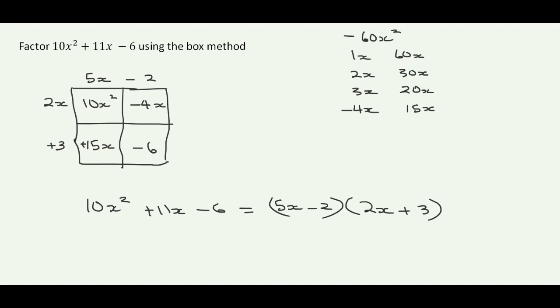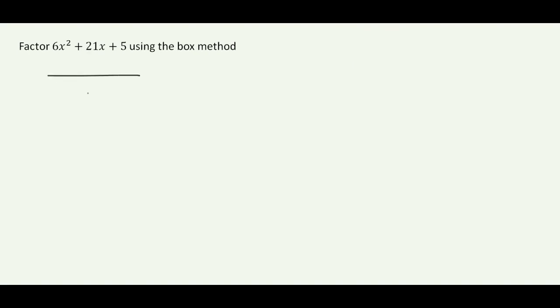And then a final example. We start off with our box, a 2 by 2 square. Okay, so we're going to put our quadratic term, which is 6x squared, in the top left corner, and then our constant term in the bottom right corner.